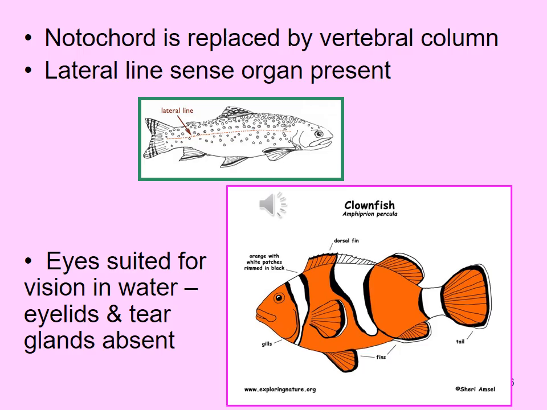In the early development of fishes, notochord is formed, but as they grow, the notochord is replaced by the vertebral column. In fishes, lateral line sense organs are present. The eyes are suited well for vision in water, and these eyes are not provided with eyelids or tear glands.